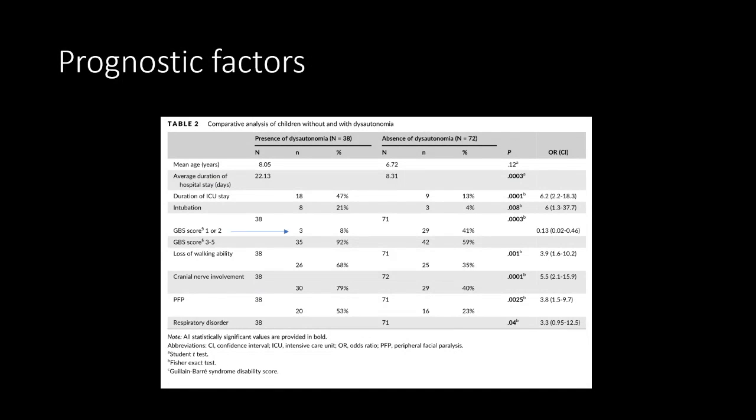So these patients are really minimally symptomatic, or they are symptomatic, but they can still walk 5 or 10 meters unaided. So, doing pretty well, and these patients can still develop dysautonomia. So just because they don't look quite as sick as some other patients that present with GBS, it's still important to monitor for this complication.